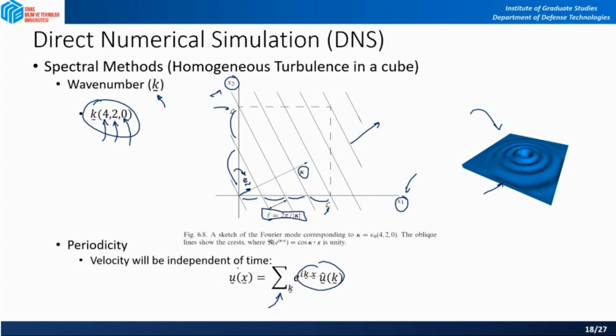So in the Fourier representation, you can cancel time, there is no time in here because it is periodic. And this is the summation over all possible wave number vectors times the Fourier modes that are only a function of the wave number, not time anymore.